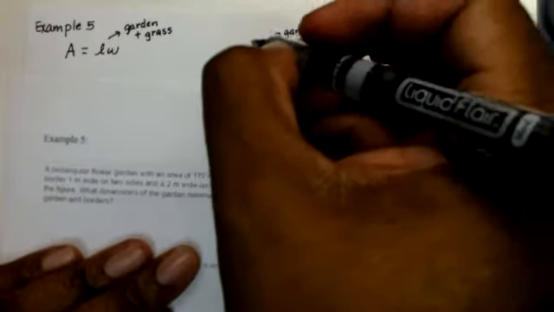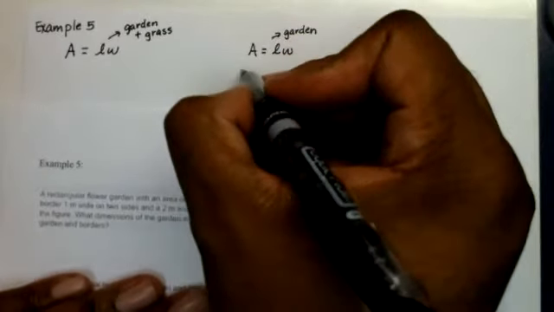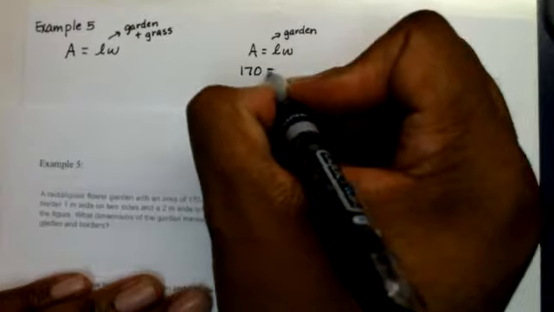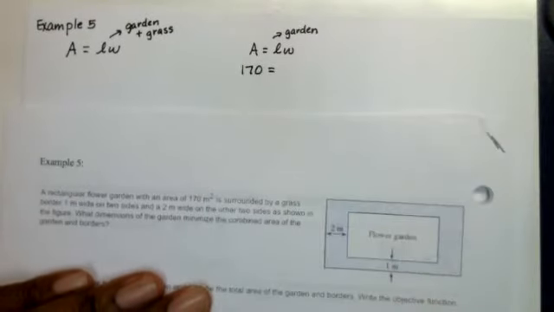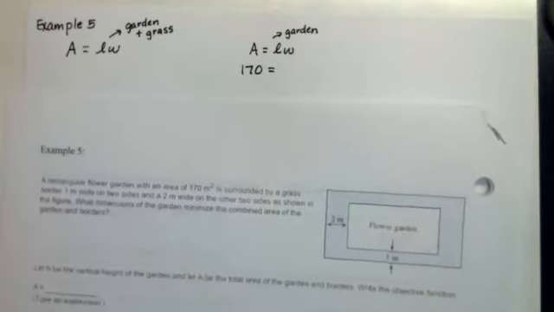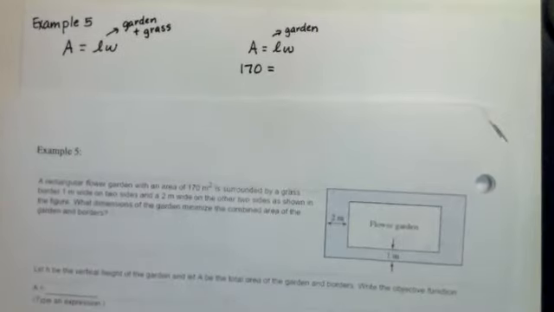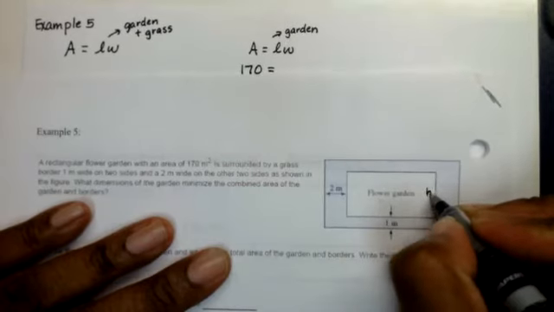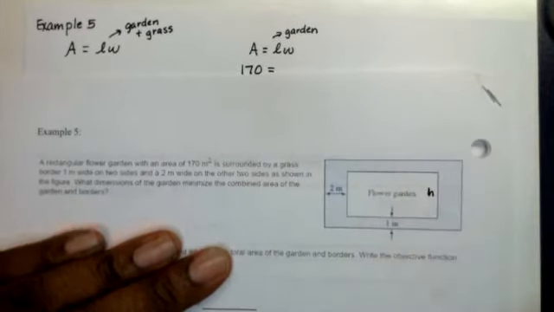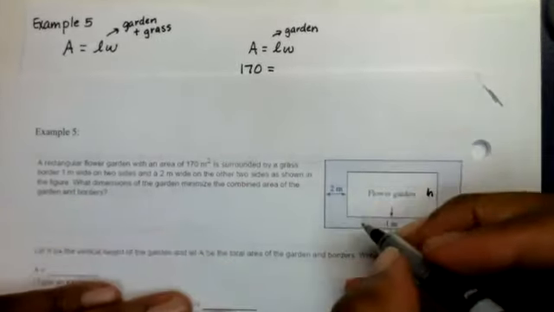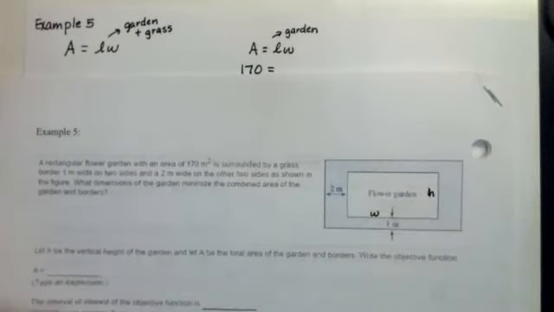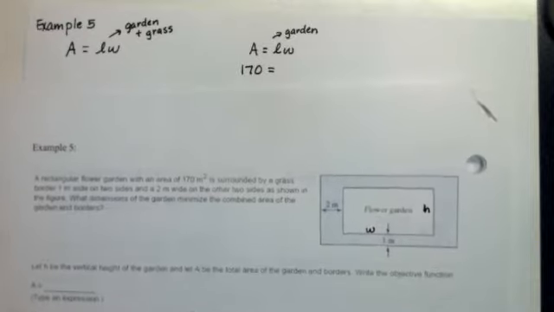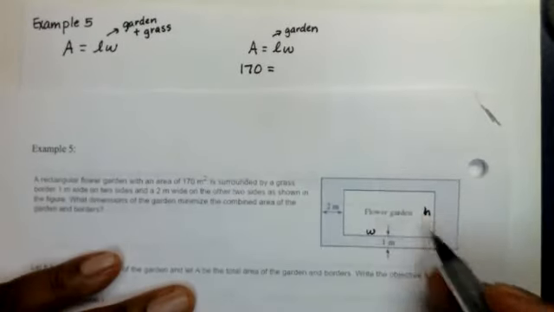So here we're going to substitute the A in this formula with 170. That's equal to, and we're letting H be the vertical height. So that's H. And I'm going to let this be the width. That's W. So it's actually going to be W times H.